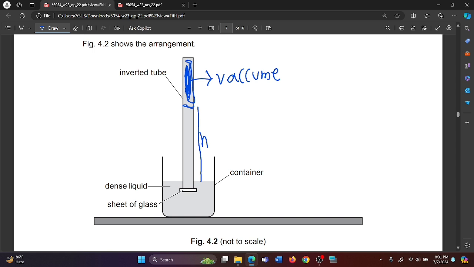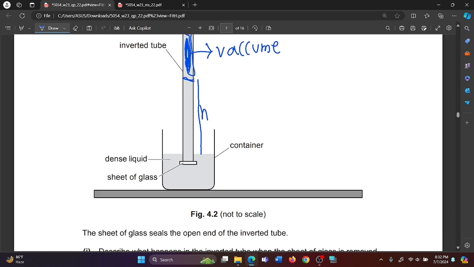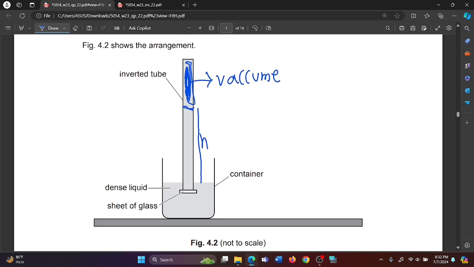Vacuum. And one more thing is, why did this liquid even stabilize? You could have said that the liquid completely falls out from the tube and goes to the container. Why did it choose to stabilize at a particular height? This is because of atmospheric pressure. The atmospheric pressure is acting at this.